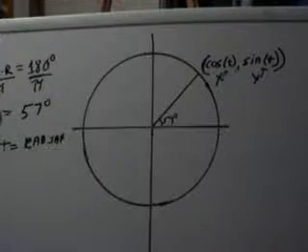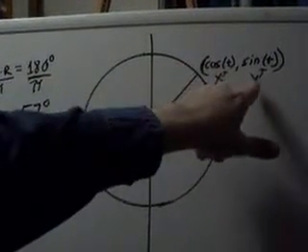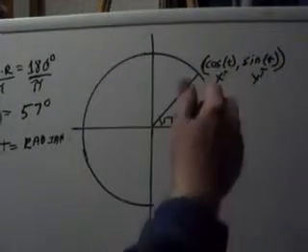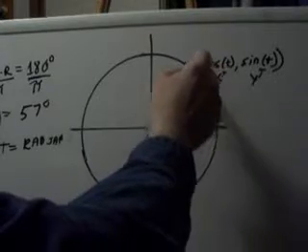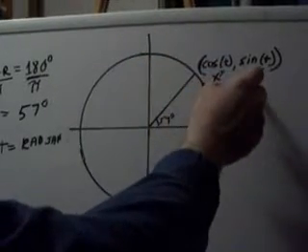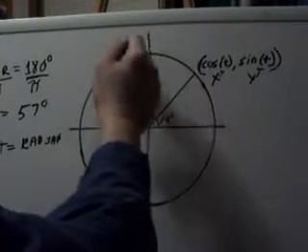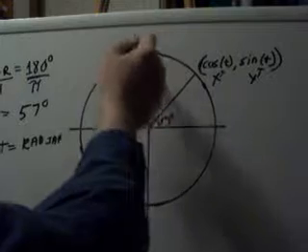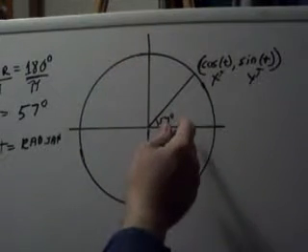Okay? So what does x represent? It represents the cosine of t. What does y represent? The sine of t. So as t increases, the values of x and y are either going to increase or decrease. In this particular case, as you start going up like this, the values of y will increase, but the values of x will decrease.